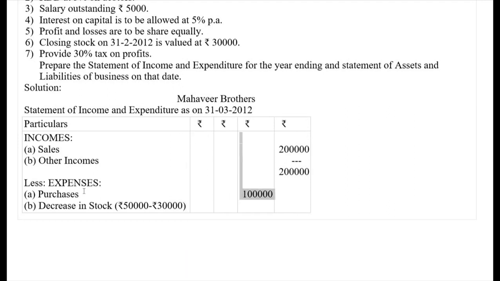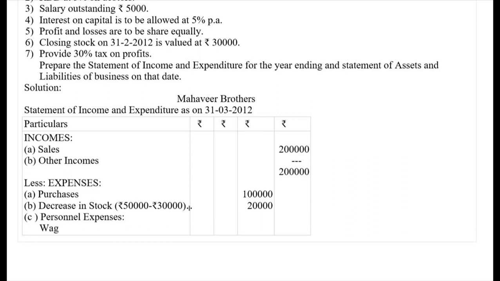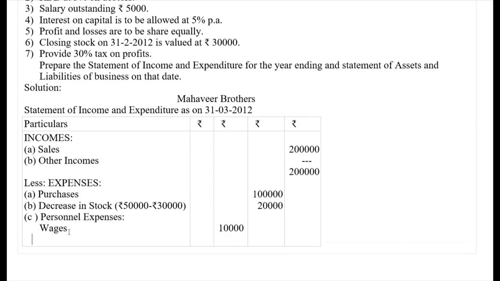So the difference, let me take here rupees 20,000. Then next C, personnel expenses. Under personal expenses we have got two things. One is wages. Wages are given as rupees 10,000 here. Then there is salaries and outstanding here.